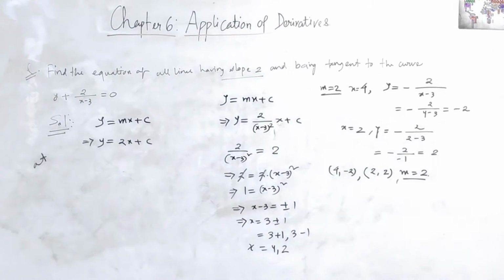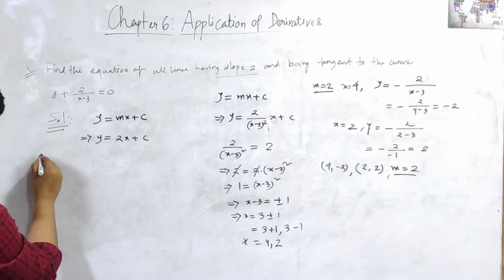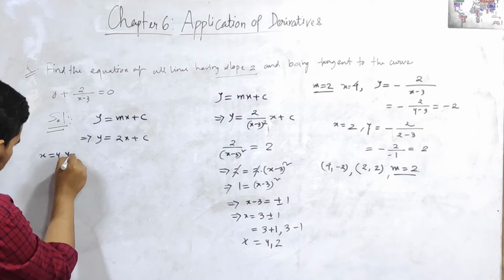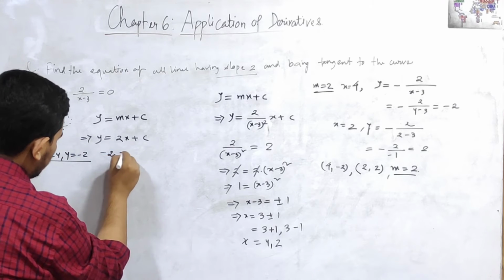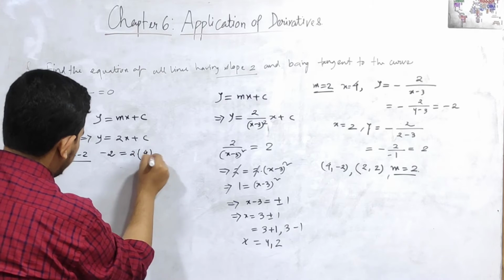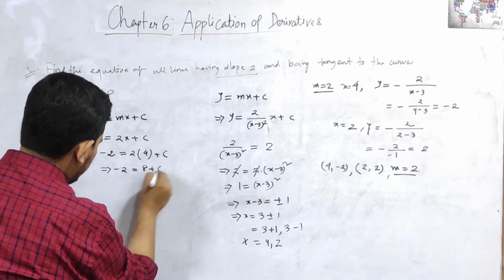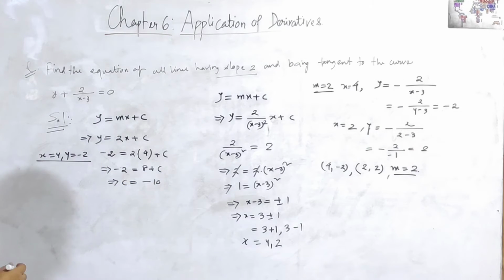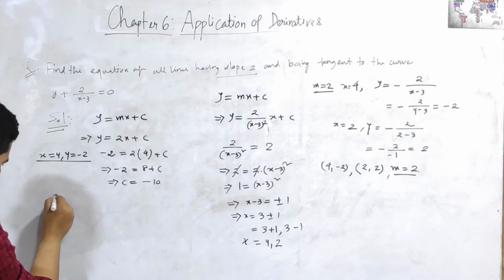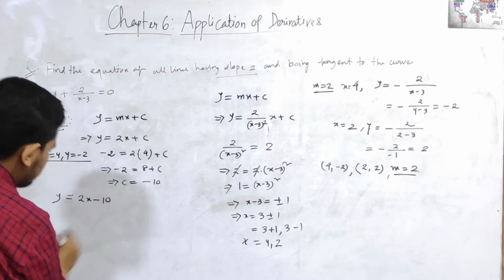So the first point will be 4 and minus 2. X equal to 4, y minus 2. So here minus 2 equals 8 plus c. So this will come out c equal to minus of 10. So basically the first equation of tangent will be y equal to twice x minus 10.